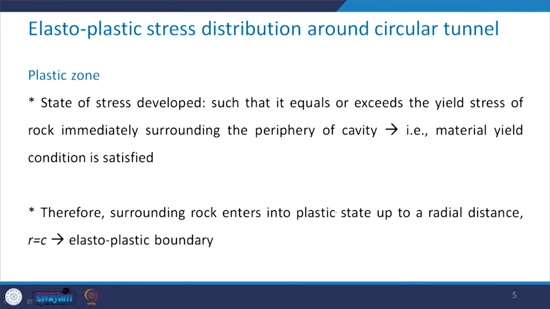Coming to some discussion on the plastic zone, the state of stress developed is such that it equals or exceeds the yield stress of the rock immediately surrounding the periphery of the cavity. What does that mean? The material yield condition is satisfied, and therefore the surrounding rock enters the plastic state up to a radial distance of c, which we are calling the elasto-plastic boundary.